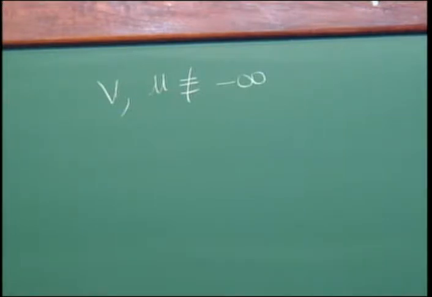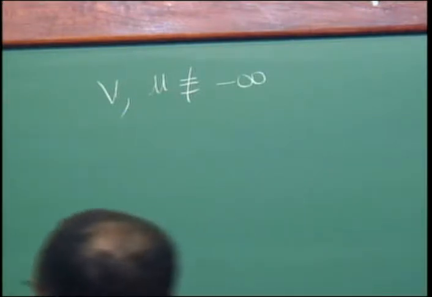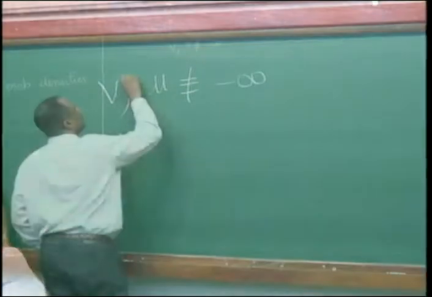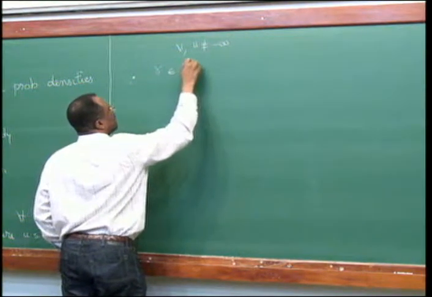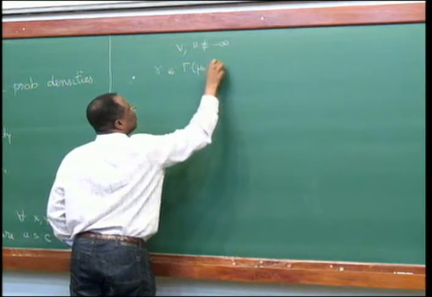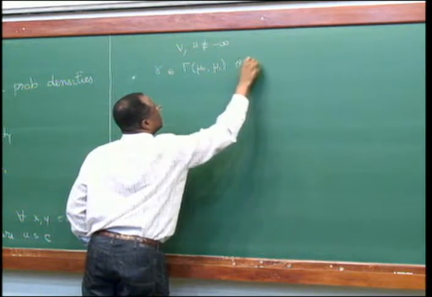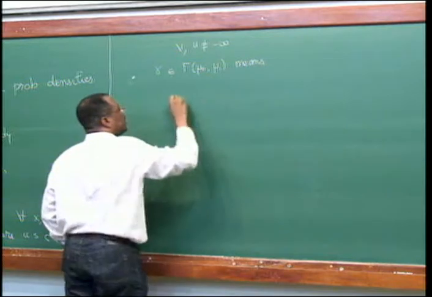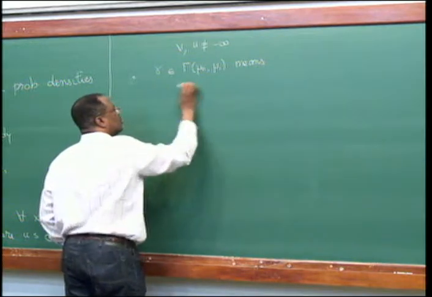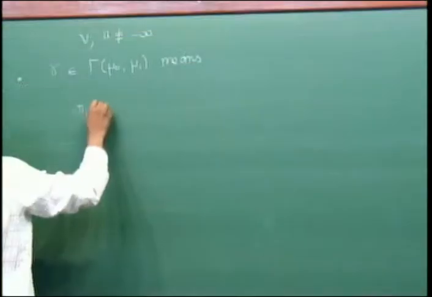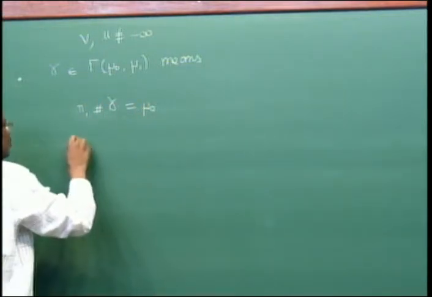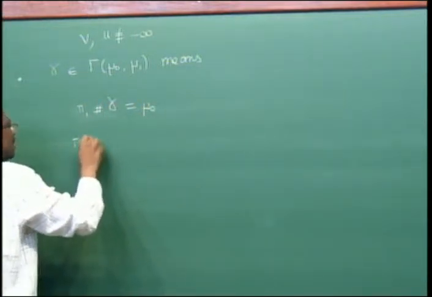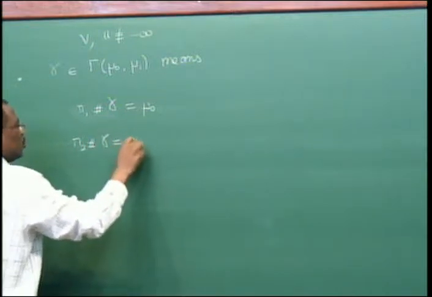So let me recall one last thing. Gamma is in Gamma of mu naught, mu 1 means the first projection, P1, of gamma is mu naught. The second projection of gamma is mu 1.